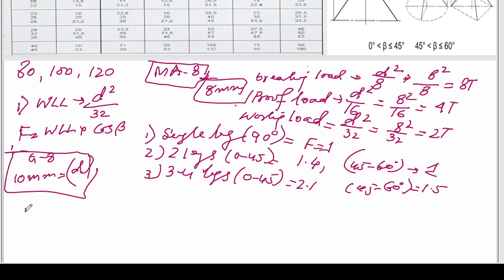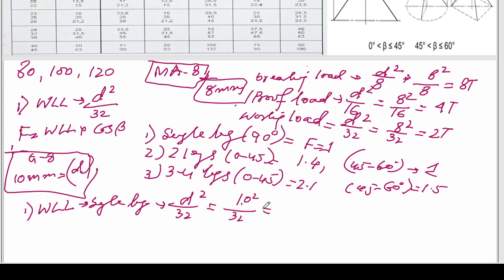First of all, calculate the WLL for one rope, one single leg. How much will it be? It will be d square by 32, that means 10 square by 32. How much will it be? 3.125 ton.